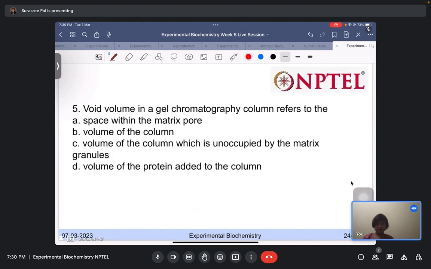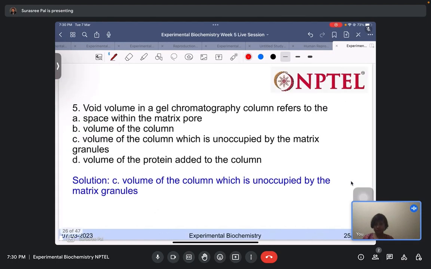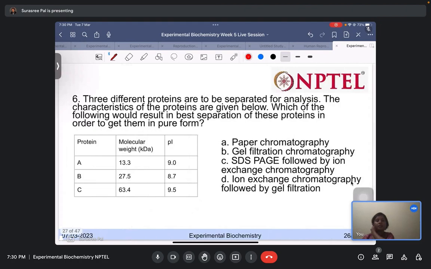So the correct answer here, the void volume, is the volume of the column which is unoccupied by the matrix granules. That is V0 or the void volume. Next question.